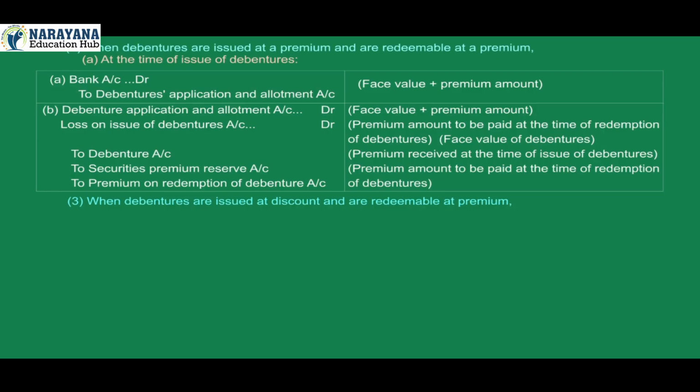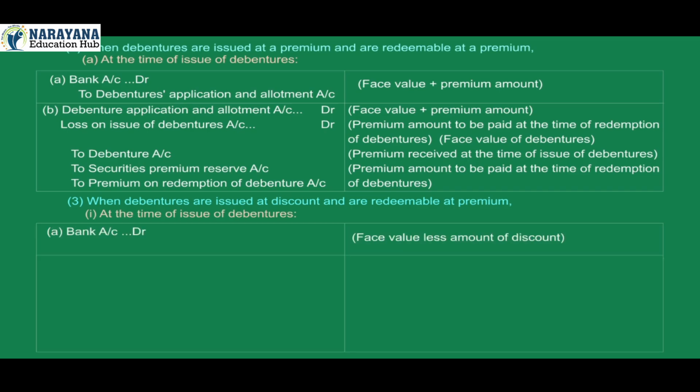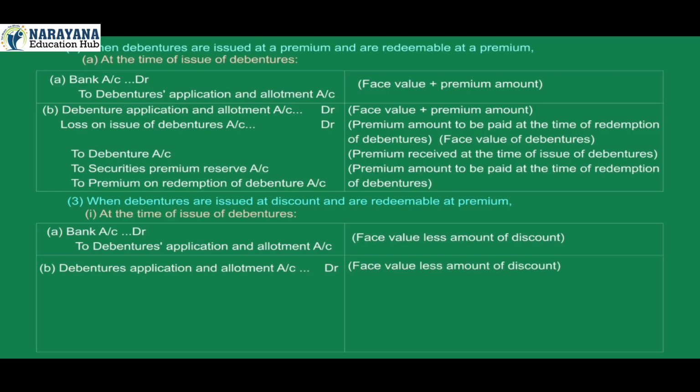3. When debentures are issued at discount and are redeemable at premium. 1. At the time of issue of debentures. A. Bank account debit face value less amount of discount to debentures application and allotment account credit. B. Debentures application and allotment account debit face value less amount of discount.